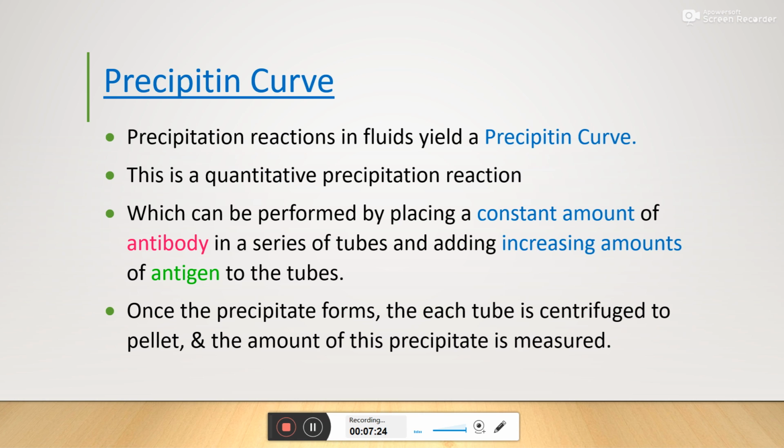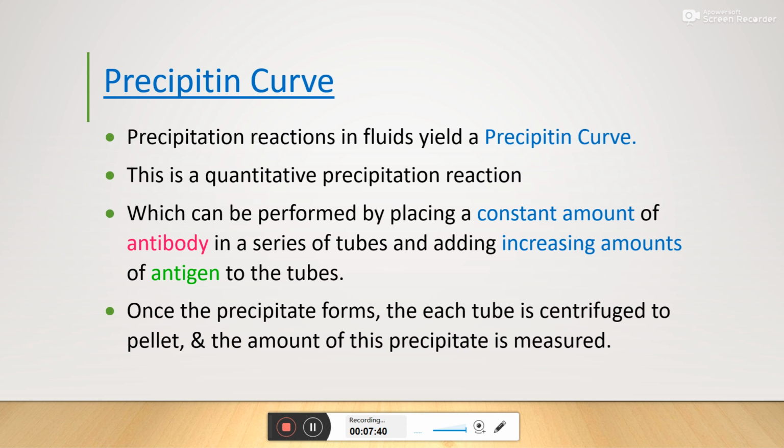So in each tube the amount of antigen we add increases. The first tube has a little amount of antigen, then in the second tube we again increase the concentration of antigen.